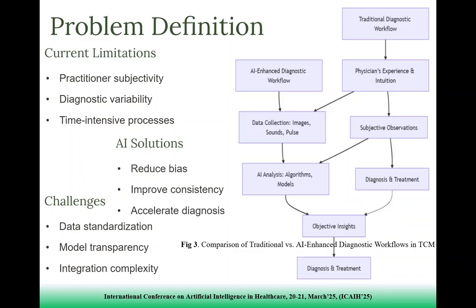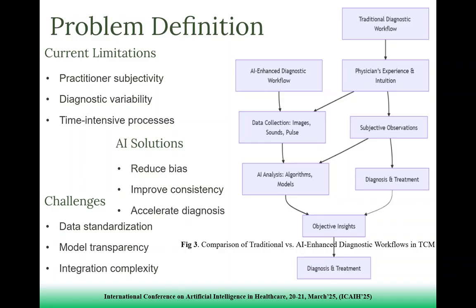That's a limitation of TCM. Also, the process is time intensive. It takes a lot of time and focus for a practitioner to examine a patient, taking the pulse and also the other observations.